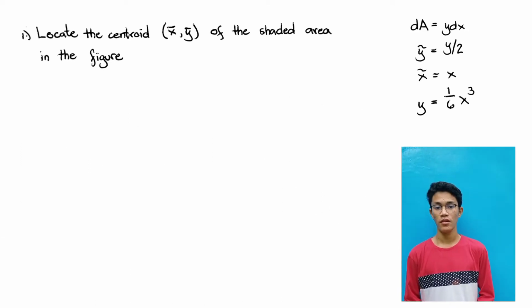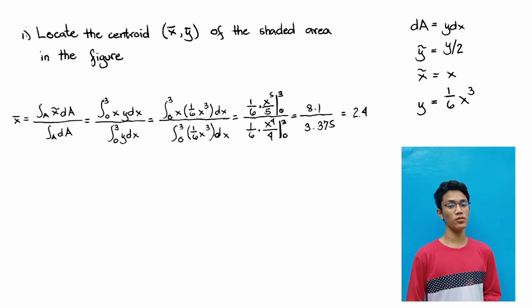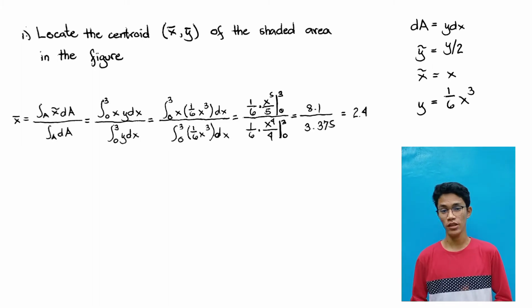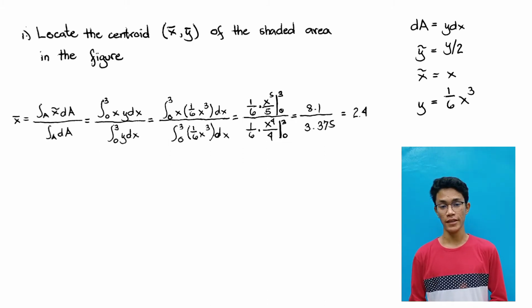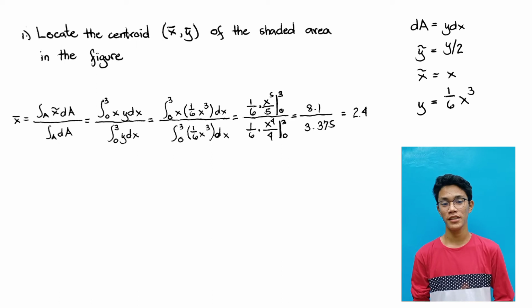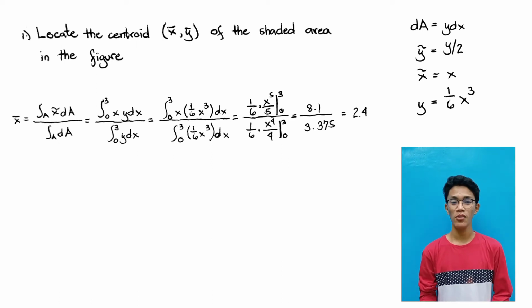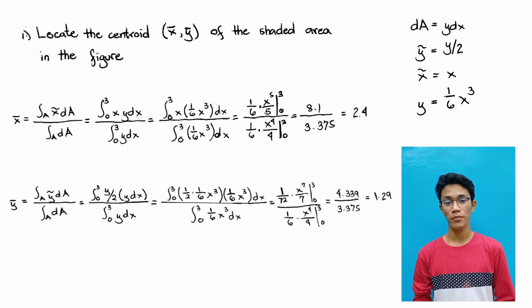Now that we already have all the values that we need, let us apply it to the formula. For the x bar, let us substitute the value of x curly, which is equal to x, and dA, which is equal to y dx. Performing further integration, we can get that the value of our x bar is 2.4. Let's proceed to y bar.